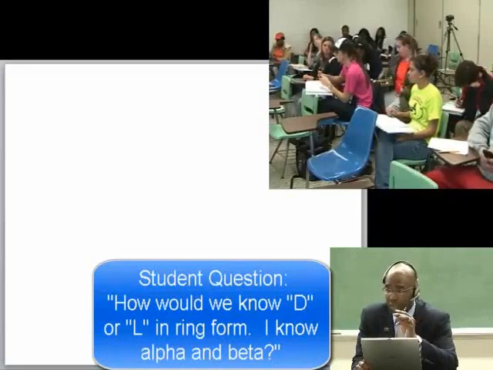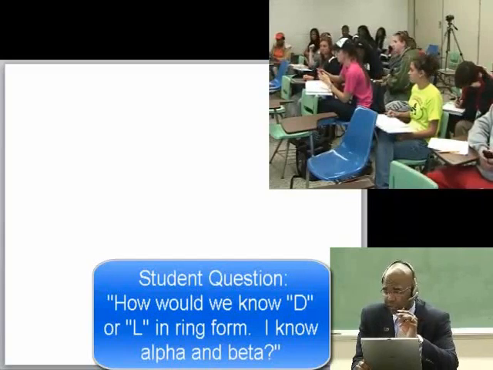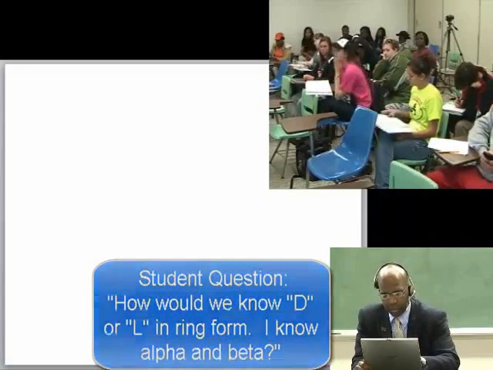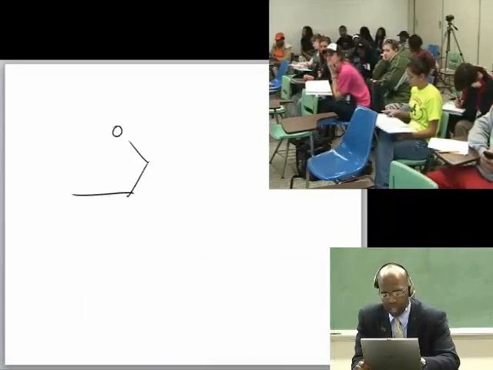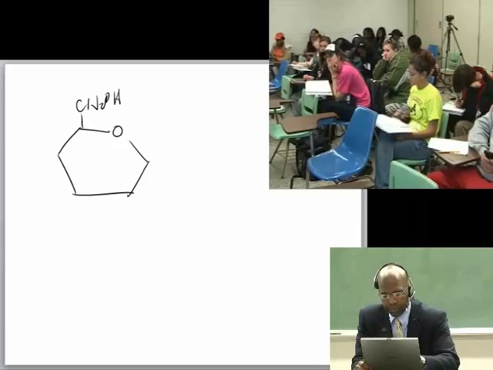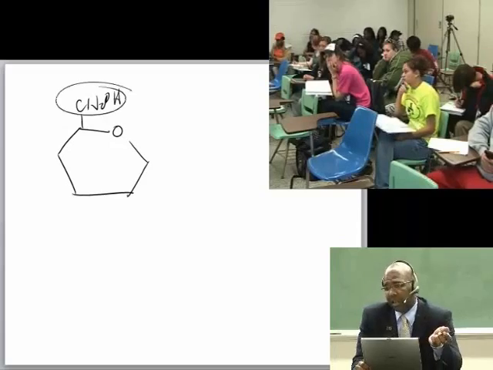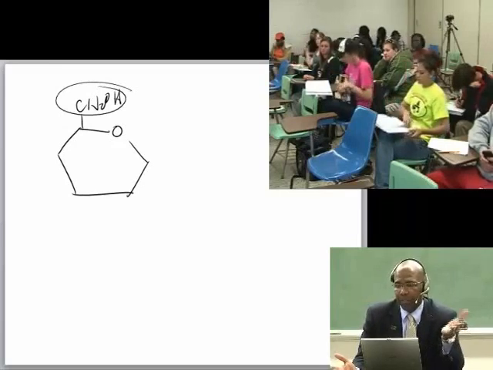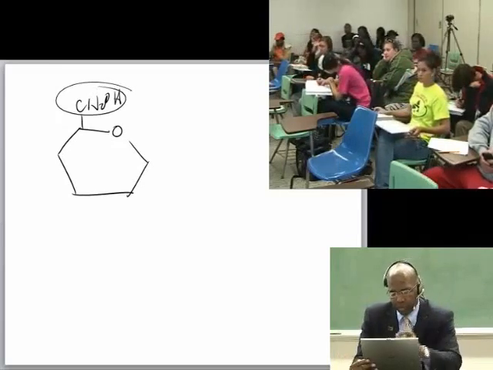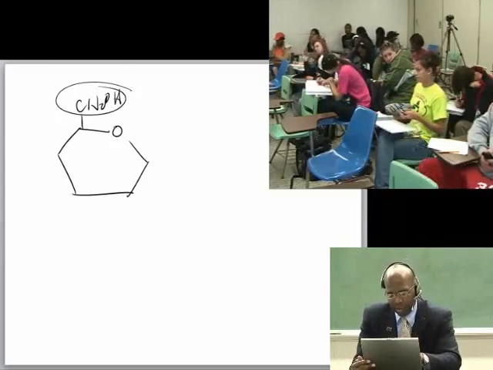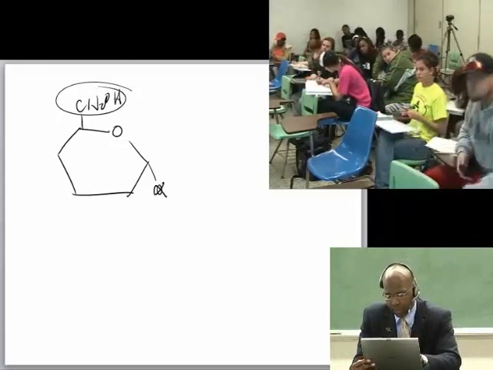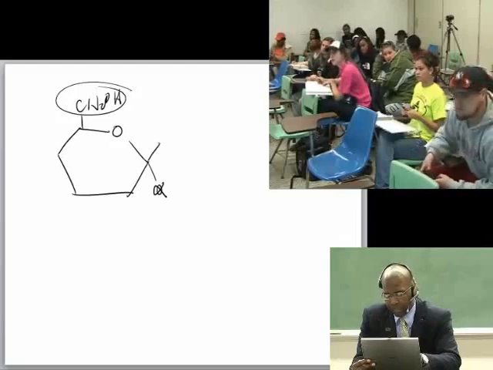Everything is D, but how do you know it's D if it's in the ring form? It's the 5th carbon here, so if this is up, it's D. And all of ours are going to have that up on everything. That's in the Haworth projection. But that's not the hard part. If it's down here, that's alpha. If it's up, that's beta.